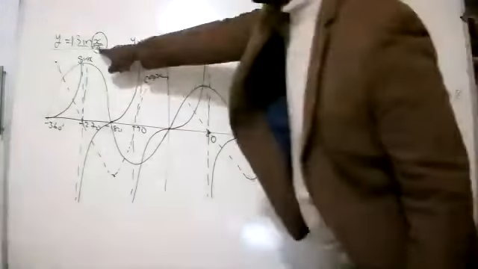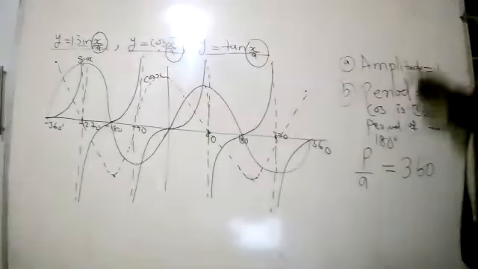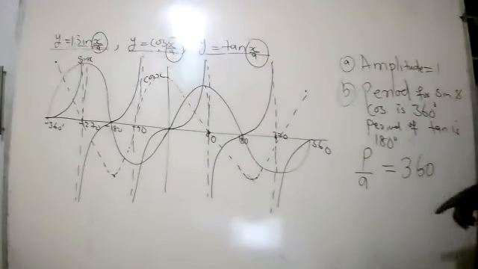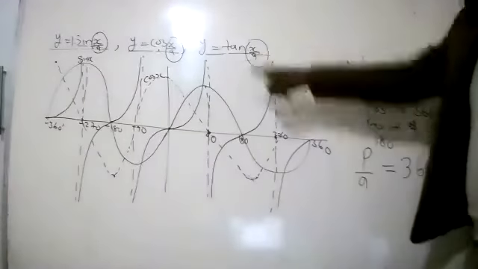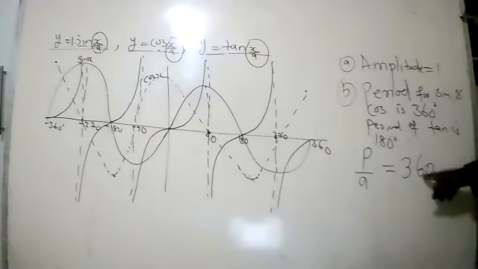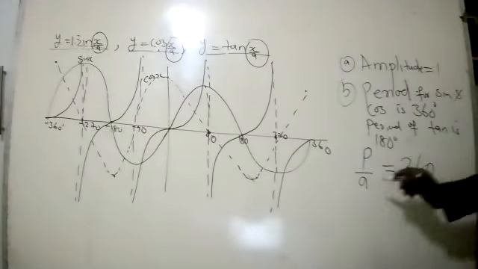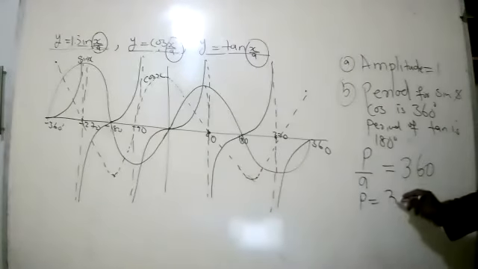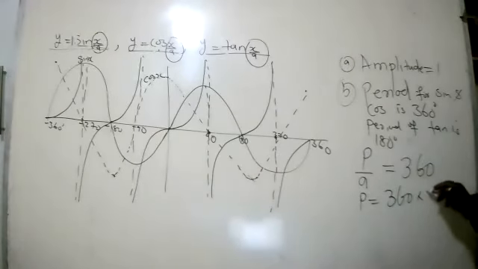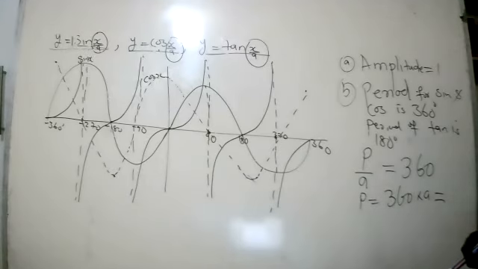If we divide this by A like this, in order to calculate the new period, we are saying the period divided by that value of A, and then this equates with the original period. After having that, you can cross multiply so that 360 multiplies with the value of A, which will be given. In that case, you are able to calculate the new period.